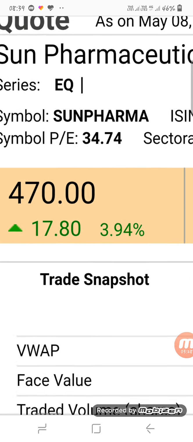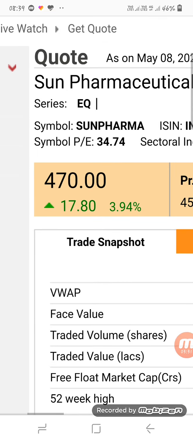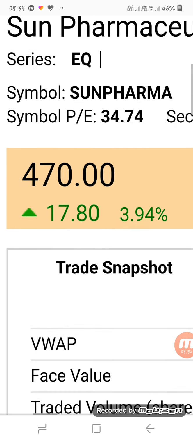So we want to buy shares of Sun Pharma, but the price is 470. Just as an assumption, we know that the Sun Pharma share is going to increase if we have a proper analysis, or sometimes our analysis tells us that the price of Sun Pharma or any company is going to decrease. But we need money: 470 into 1000 is 4,70,000. Even if we have 5000, we can buy only around 10 shares, because 470 into 10 is 4700 plus charges.